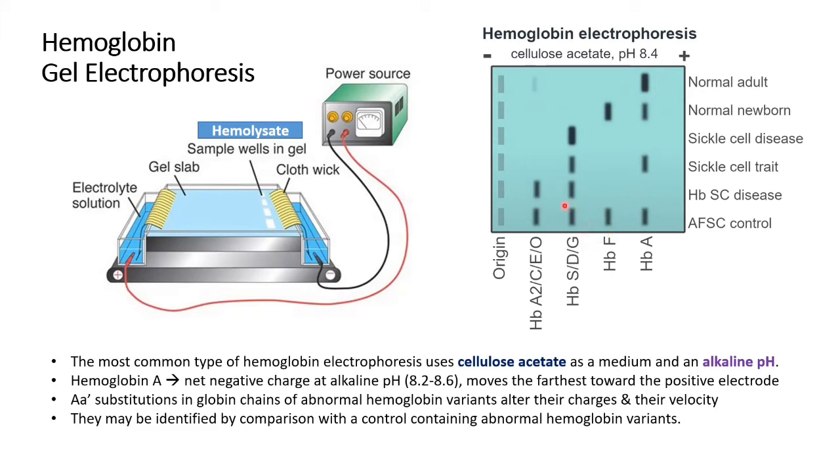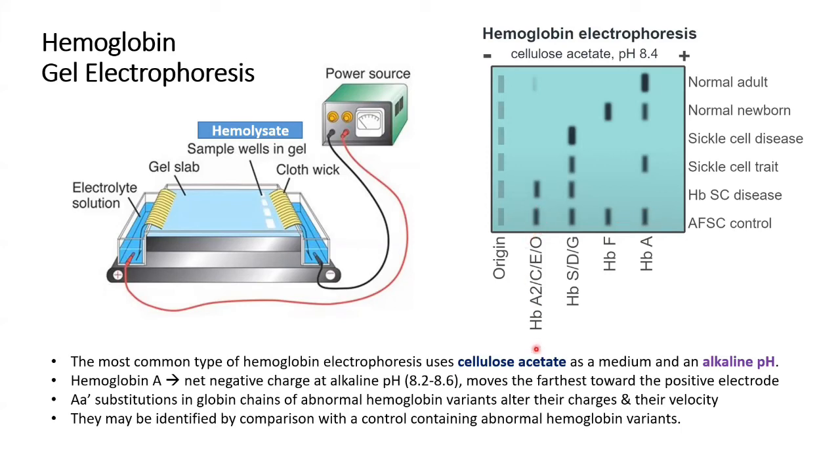Then you have two separate lanes for sickle cell hemoglobin and hemoglobin A2. Whenever you run a gel, there has to be a control lane which contains all these four different hemoglobin molecules. So starting from farthest away from the origin, you have A, F, S, and C.